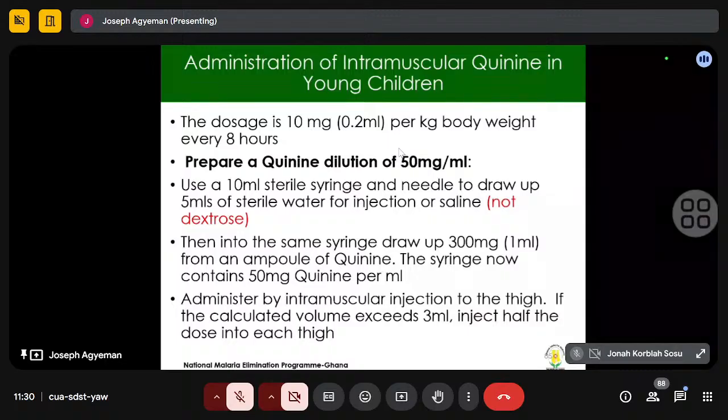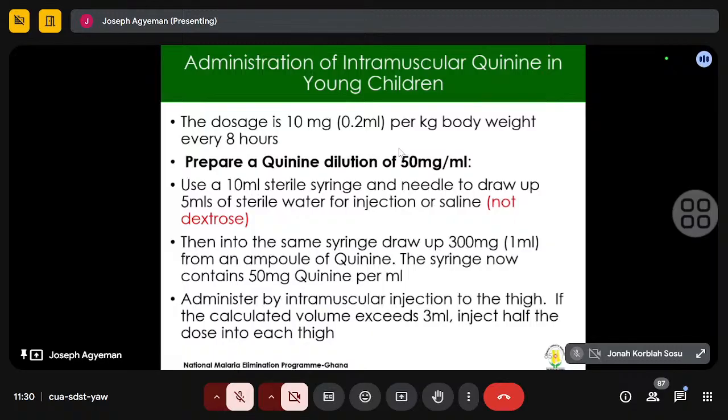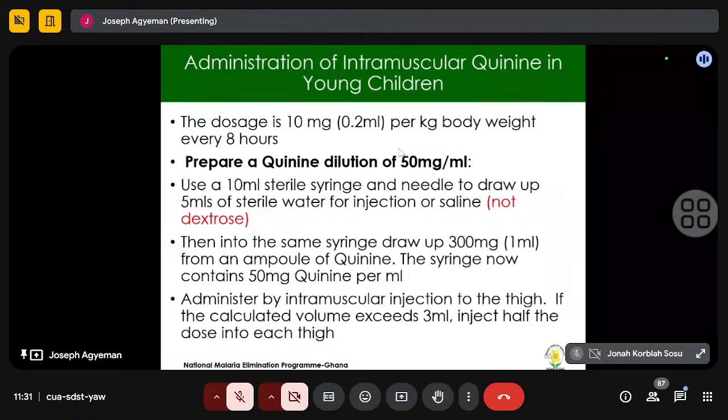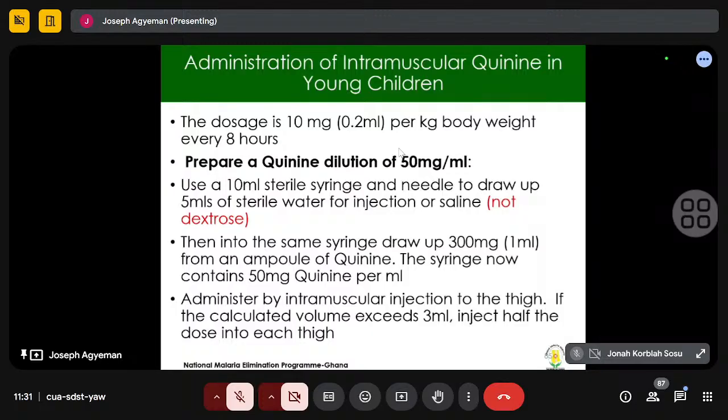So now you've been given a 2 mil ampoule of quinine containing 600 milligram. For a pediatric patient, you are to prepare a diluted solution which has a strength of 50 milligram per mil. Let us know how you go about it first, before we consider the actual dose calculation and how to administer it.